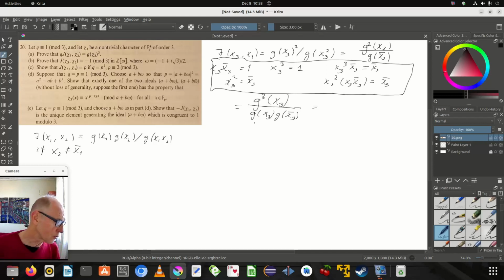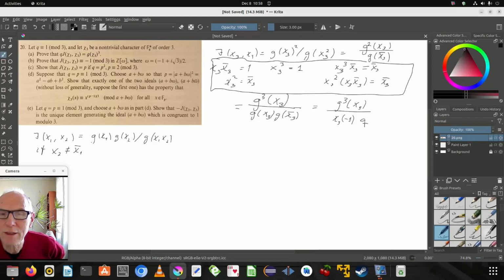And then we have formula 2. This is chi of -1 times q by formula 2. But -1 is a cube, so it's unity.